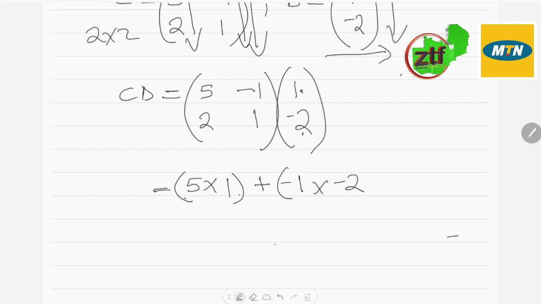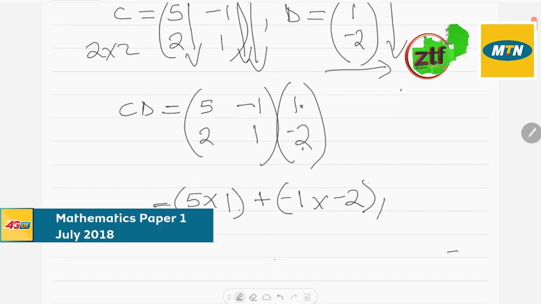I'm sure you're able to see that. Then we have this row, 2 times 1, plus 1 times negative 2.